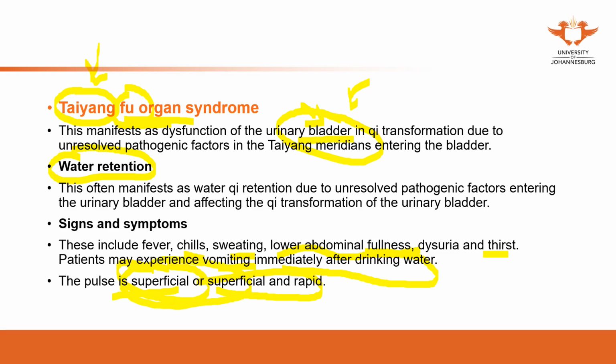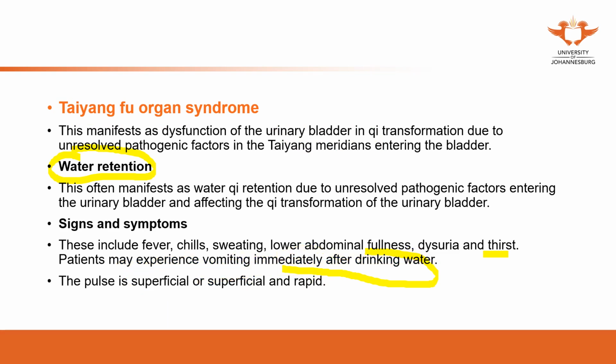That's why the pulse is still superficial. But from the manifestations, the patient may present with some internal manifestations. Vomiting immediately after drinking is because of water retention in the body. Because of the abnormal water distribution in the body, the patient will feel thirsty, because the normal function of distribution becomes abnormal.